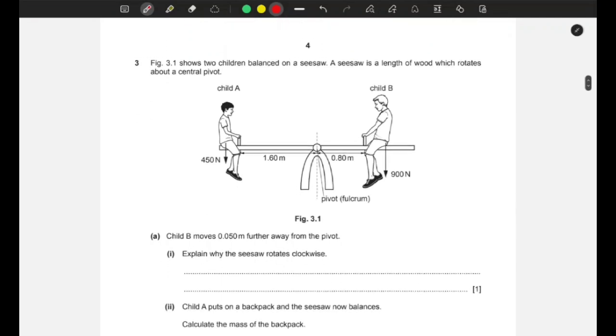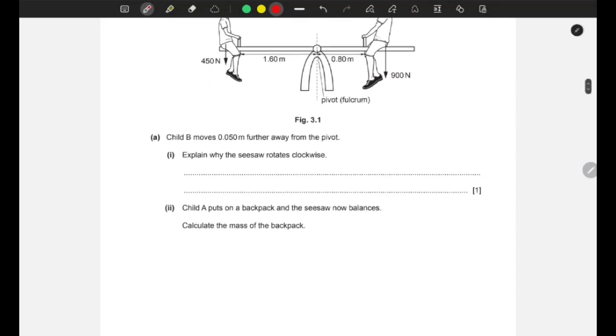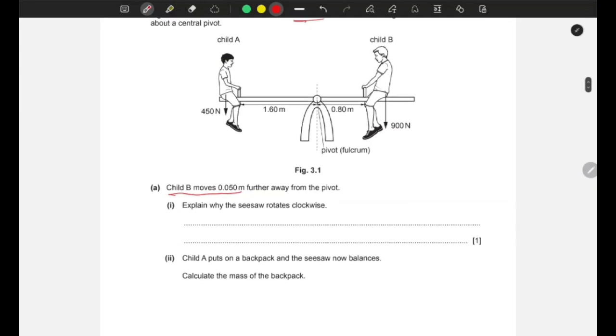Question number 3. Figure 3.1 shows two children balanced on a seesaw. A seesaw is a length of wood which rotates about a central pivot. Child B moves 0.05 meters away from the pivot. Explain why the seesaw rotates clockwise.